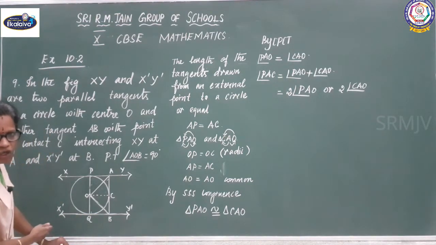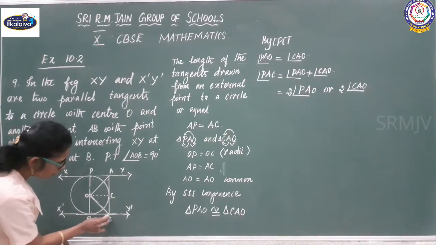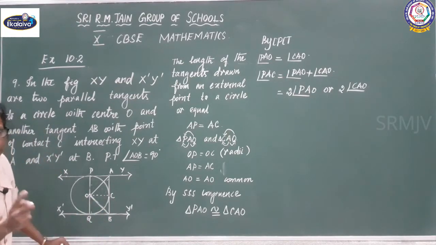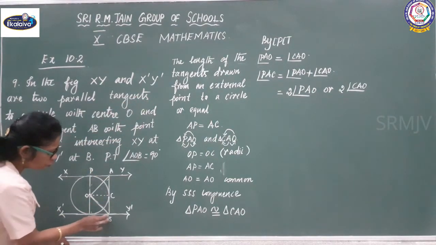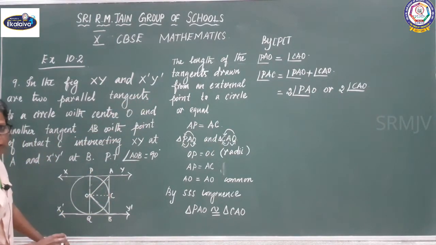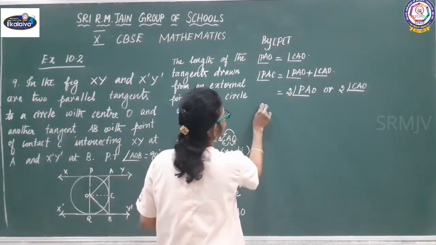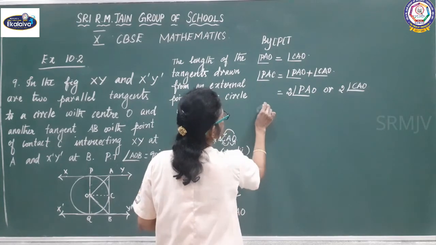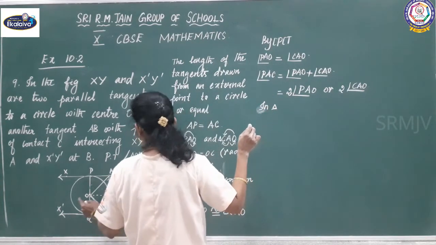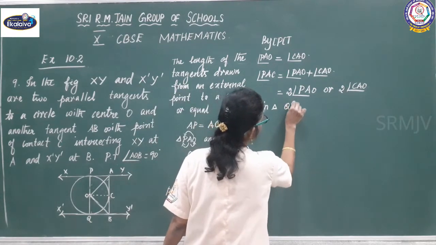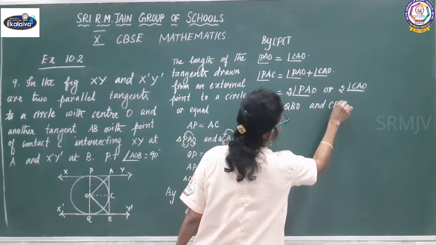B is an external point. If B is an external point, QB and QC are two tangents. By the theorem, what is your conclusion? QB equal to QC, right? The same way, in triangle QBO and CBO.